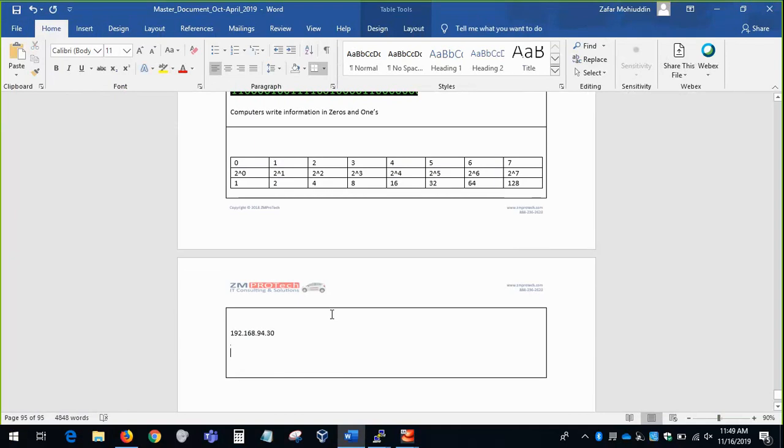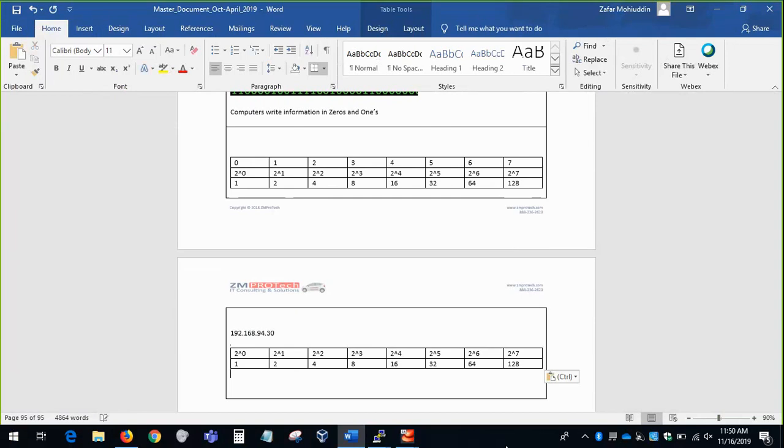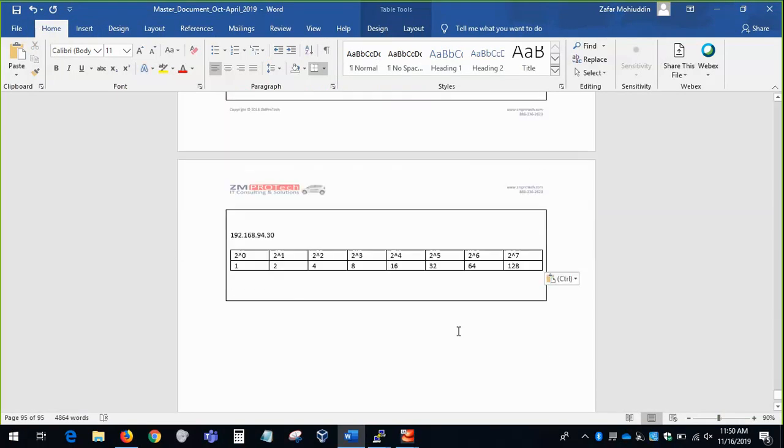What we're going to do is copy this table.